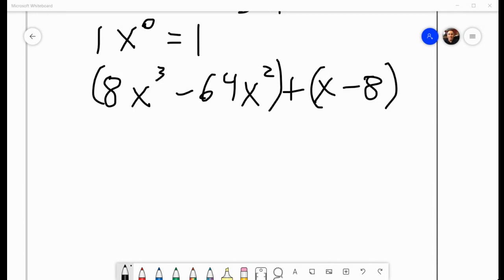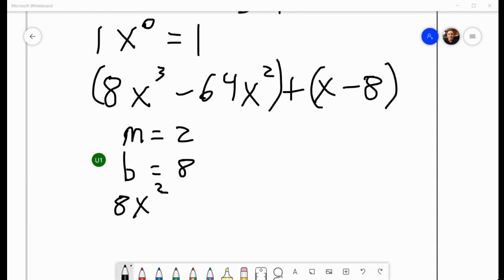Now for the first group, if you look at 8 and 64, actually, sorry, let me start with the exponents. We can see that our smallest exponent is 2. And the greatest common factor of 8 and 64 is 8. So we get 8x squared as the GCF of the first group.